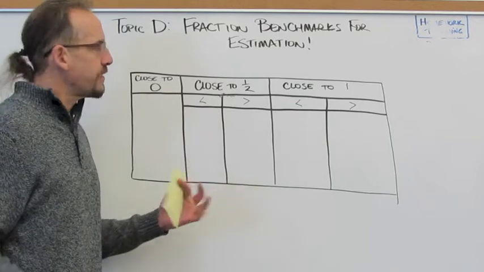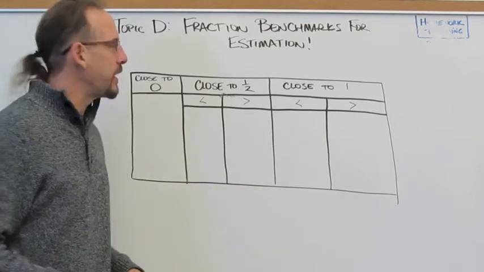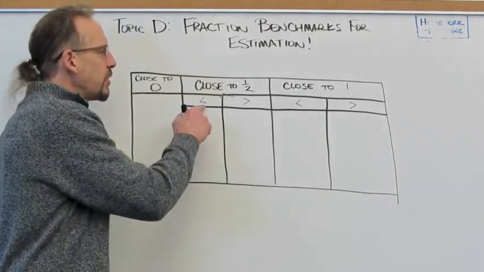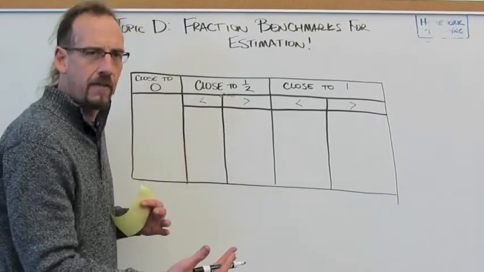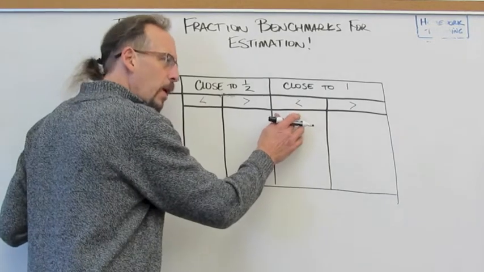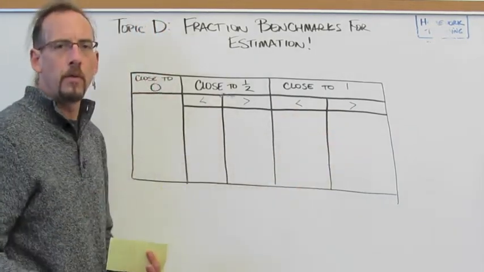And then we want to divide that up a little bit more and think about fractions that are a little bit less than a half or a little bit more than a half. Fractions that are a little less than 1, fractions that are a little bit more than 1.